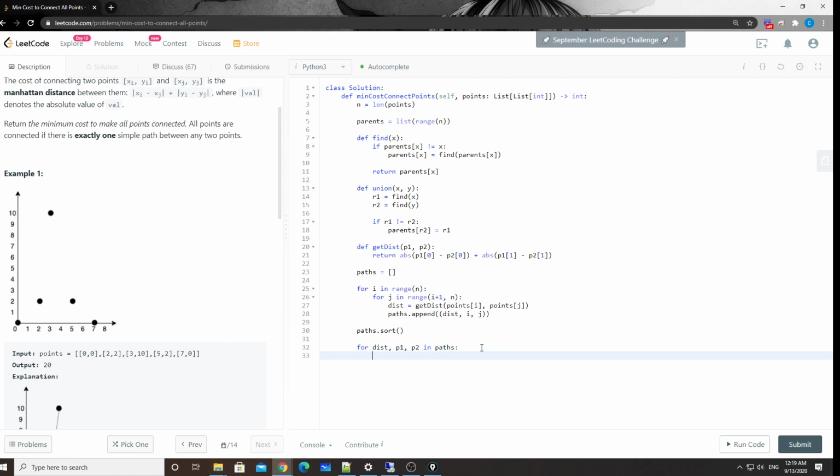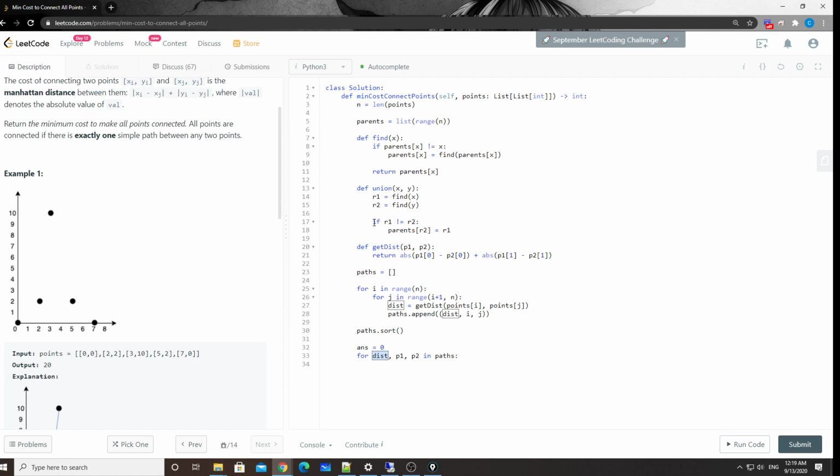I'm also going to define the answer here. We only add the distance to the answer when we actually do the union. If we don't need to do the union, we don't add the distance.